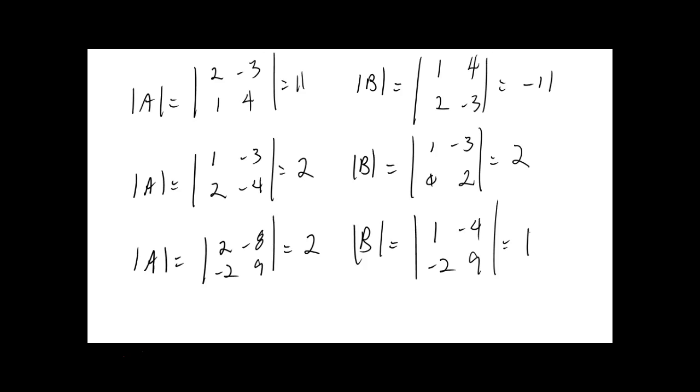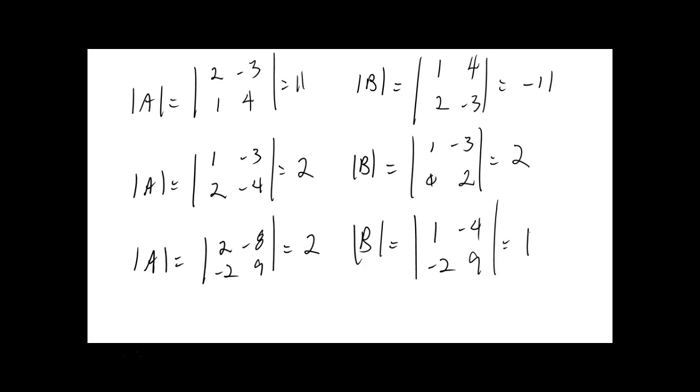So when you multiply a row by a non-zero number, 1/2 was our non-zero number here, you multiply the determinant by the same non-zero number. If you exchange 2 rows, you change the sign of the determinant. If you add a multiple of one row to another row, you keep the determinant.